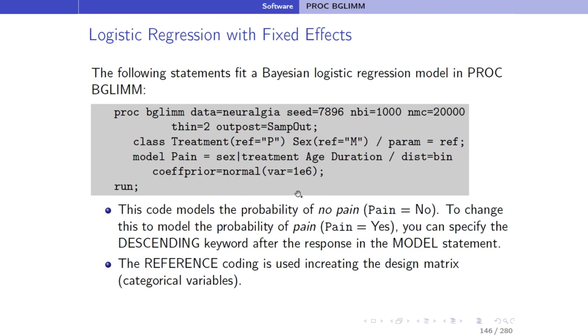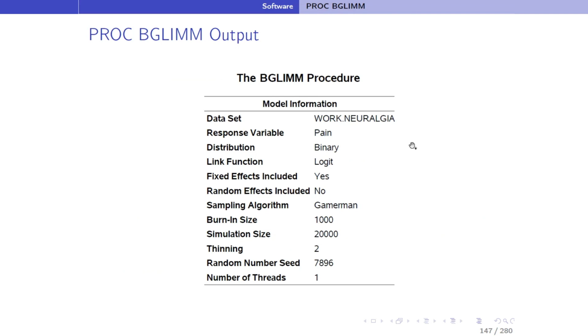The reference coding is one of the coding options in the PROC option in the class statement to create the design matrix for categorical variables. And the outputs are the following. You have model information to tell the response is binary, logit, fixed effects.